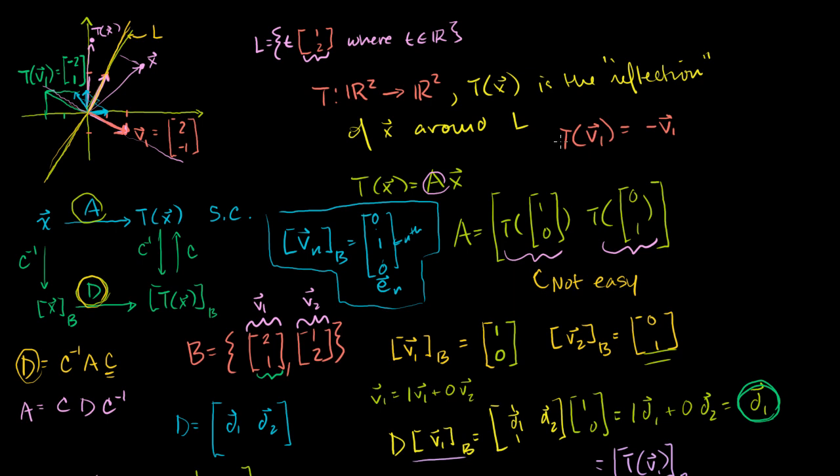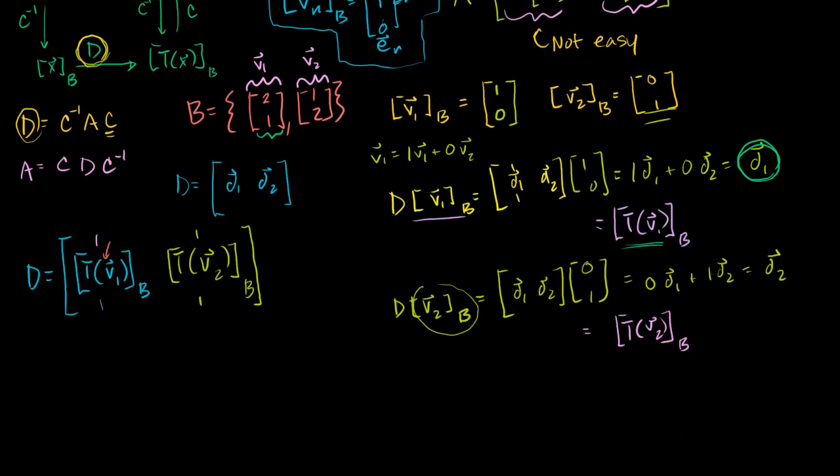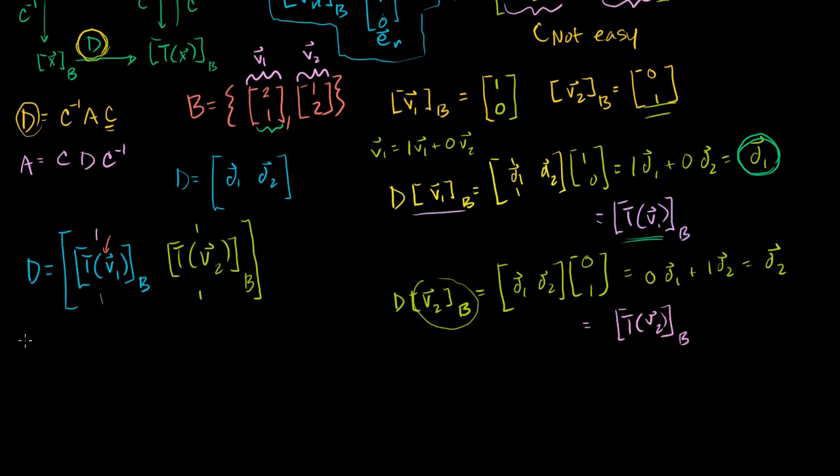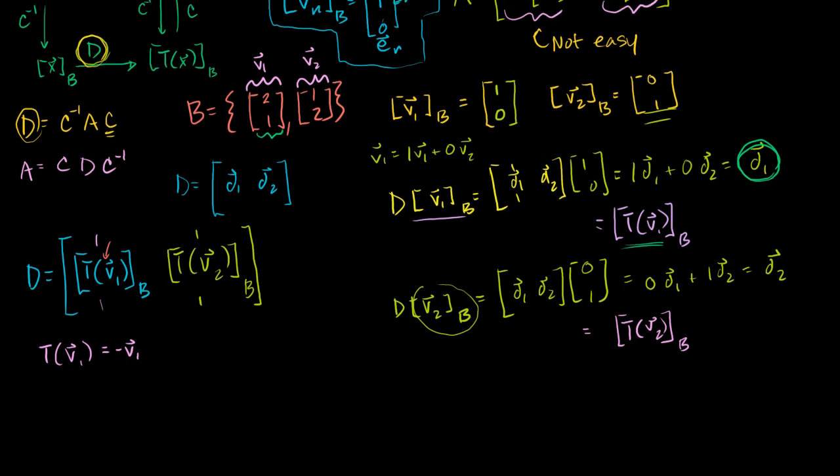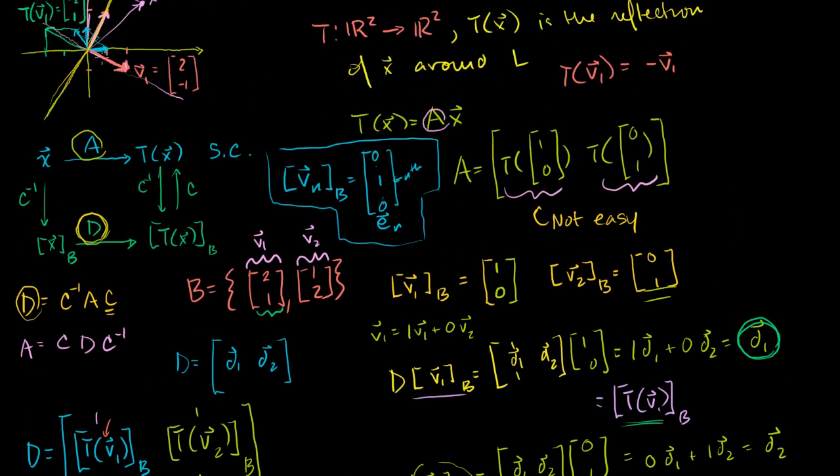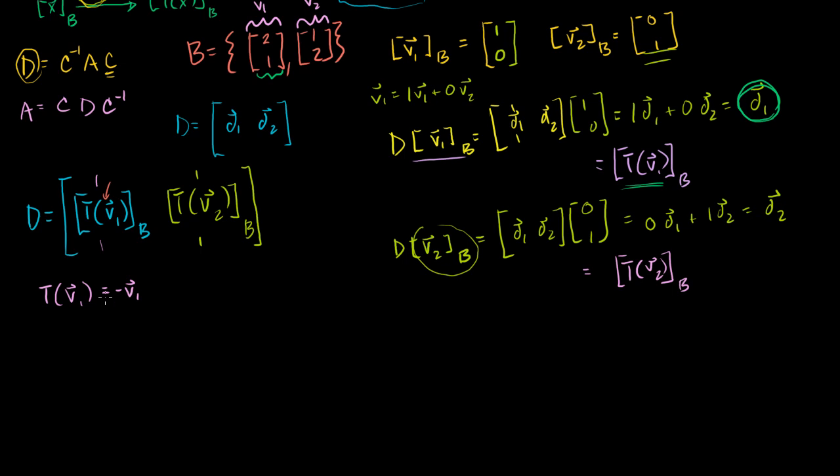So if we wanted to write the transformation of v1 in B coordinates, let me write this right here. The transformation of v1, if I wanted to reflect it around the line L, it just was equal to minus v1. That's because v1 was orthogonal to the line, right? That's why we picked it. If you just take the transformation of this guy, it just flips over and you get the minus of the vector. So what is this guy if we wanted to write this in B coordinates?